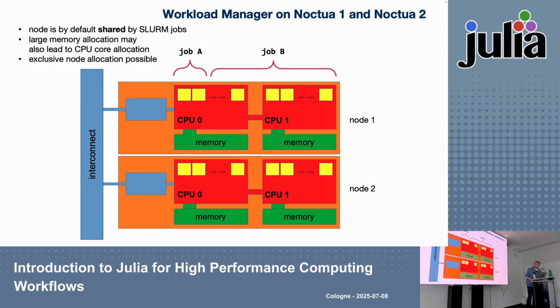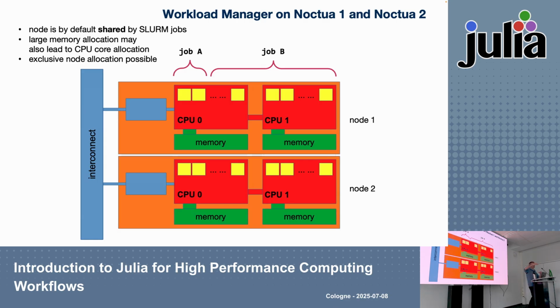And there's another special case where you, for example, allocate 10 cores of the 128 cores on the node, but you allocate 90% of the memory. Well, other users wouldn't have much fun with only 10% memory and the rest of the cores on the system.